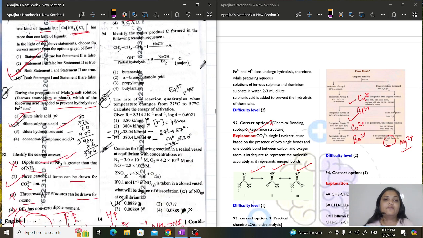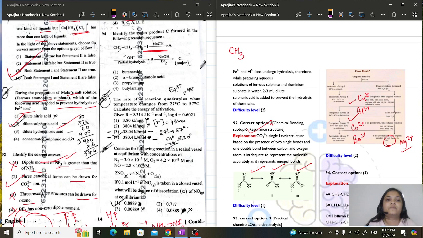Next is identify the major product C formed in the following reaction sequence. So here it's an SN2 reaction. Let's write. Firstly, when this iodopropane reacts with NaCN, we will get the product CH3CH2CH2CN.